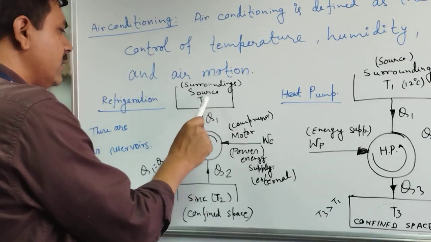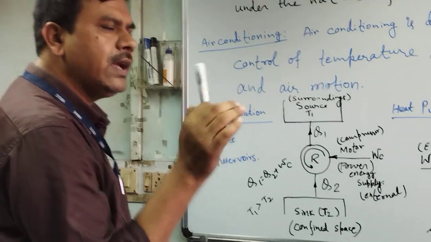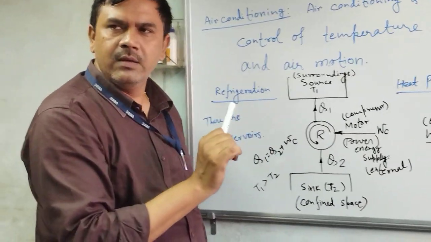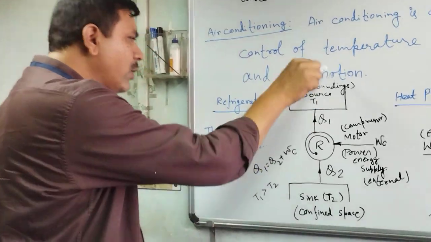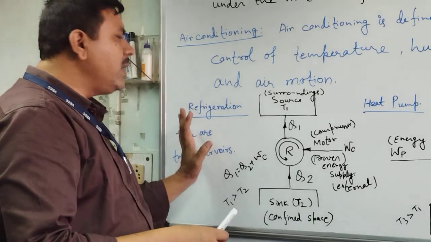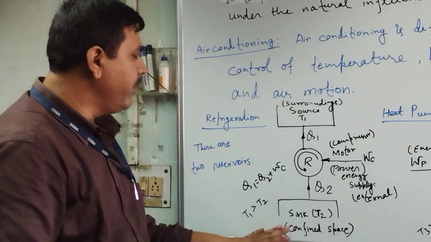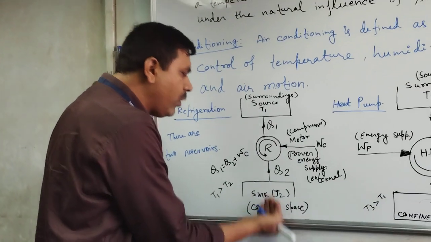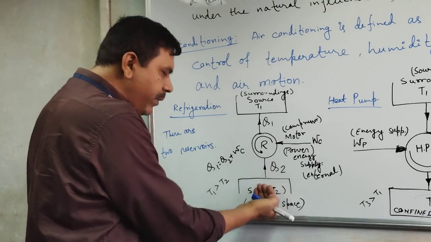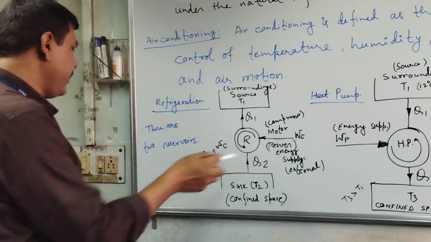Normally we take the high temperature as the source and the low temperature as the sink, and here also high temperature is source and low temperature is sink, but the refrigeration works in reverse of the engine. Therefore, heat is removed from the confined space and rejected to the source of the surrounding space.